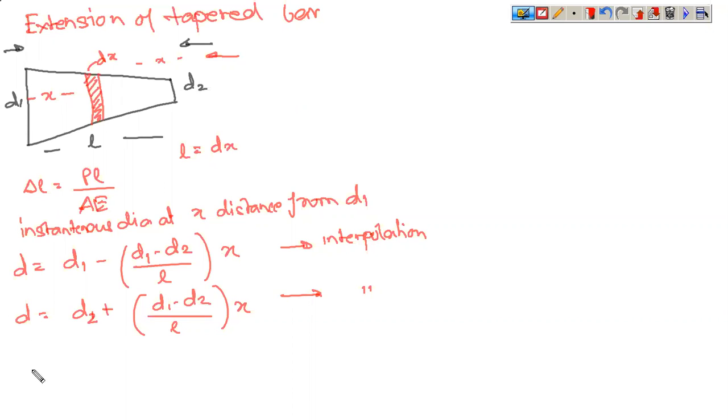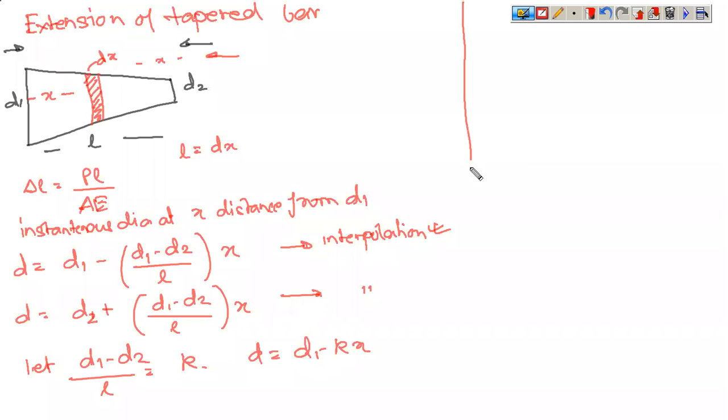Now, let us say what we are doing: let d1 minus d2 divided by L be denoted by K. So we'll be using this equation. So d instantaneous is equal to d1 minus kx. Okay.